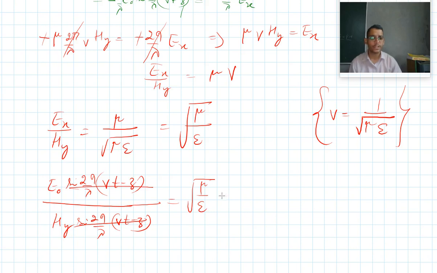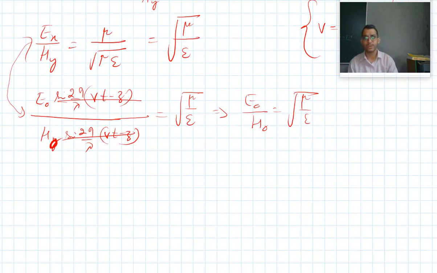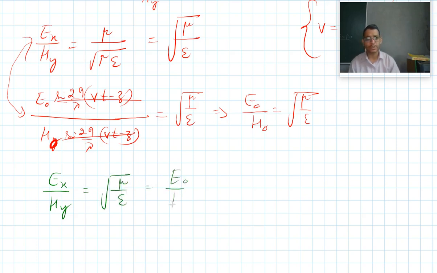Therefore E naught over H naught is equal to root of mu over epsilon. So Ex over Hy is equal to root of mu over epsilon and E naught over H naught, right?